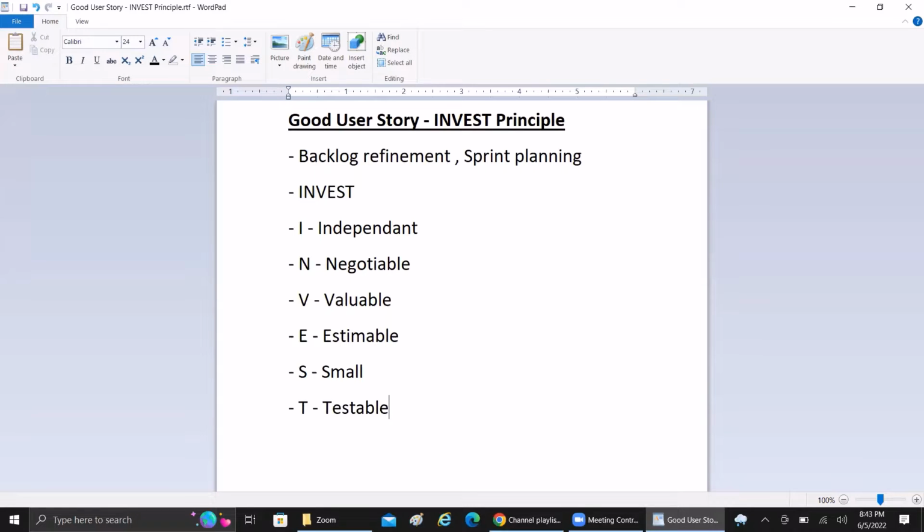So this is how, guys, using this INVEST principle, the Scrum Master will be able to help the Scrum team, and also advise the product owner and everyone, on which user story will be a good one for them to plan and go ahead with. It is basically done, as I told, in the phase of backlog refinement or sprint planning.